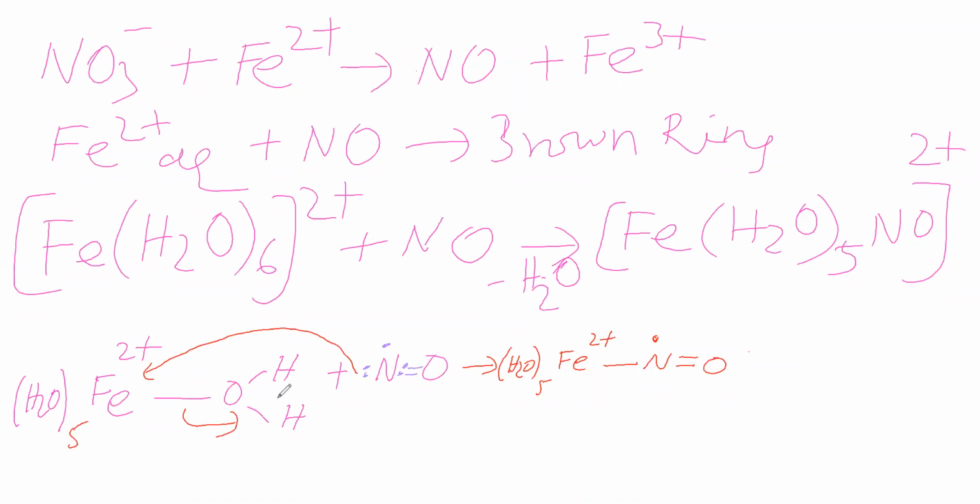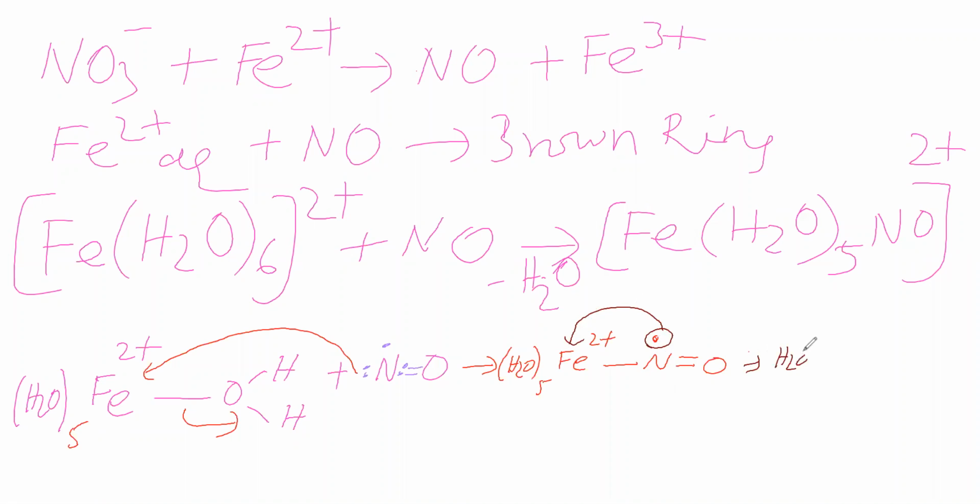Next, we will see what happens. Remember that in NO, nitrogen has a lone electron, and that lone electron shifts to Fe2 plus.